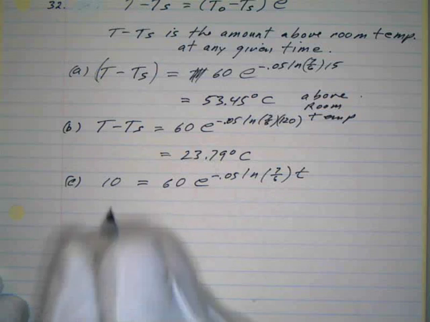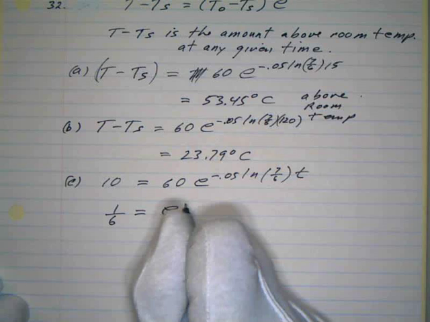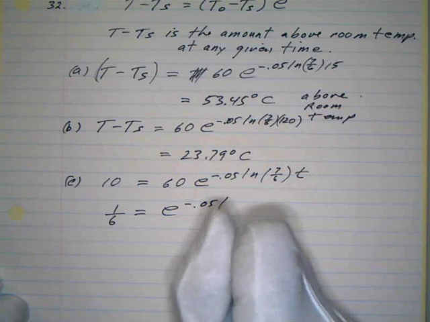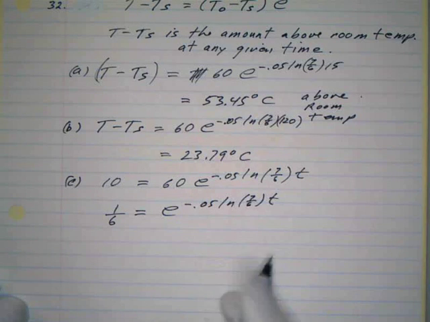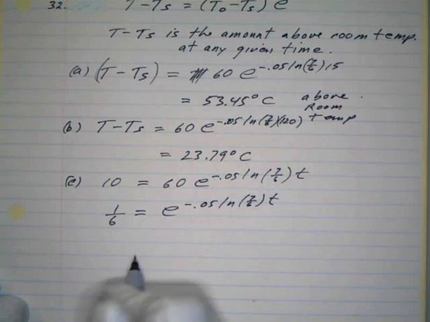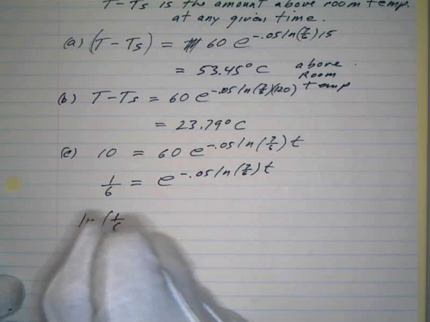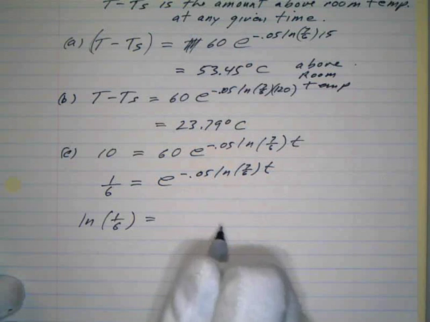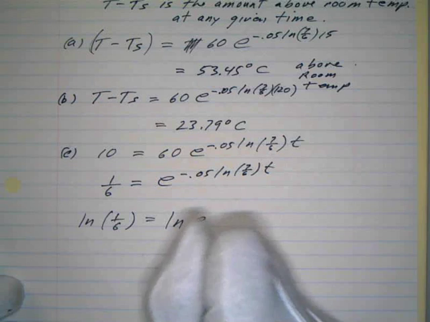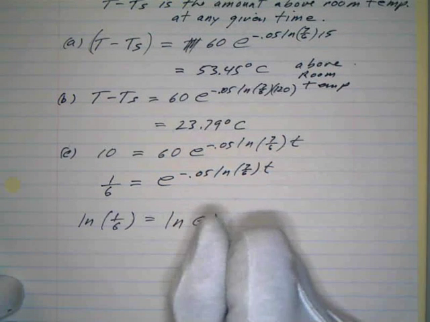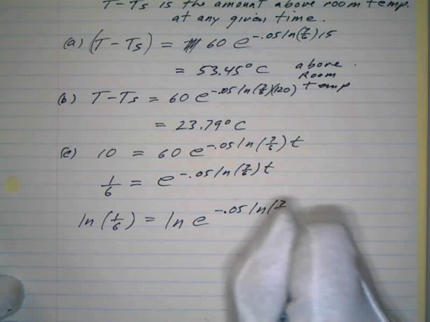So I'll divide both sides by 60, so 10 over 60, which is 1 over 6, equals E to the negative 0.05 natural log of 7 over 6 T. And then I'll just take the natural log of both sides, so I've got the natural log of 1 over 6 equals this whole exponent, negative 0.05 natural log of 7 over 6 t.